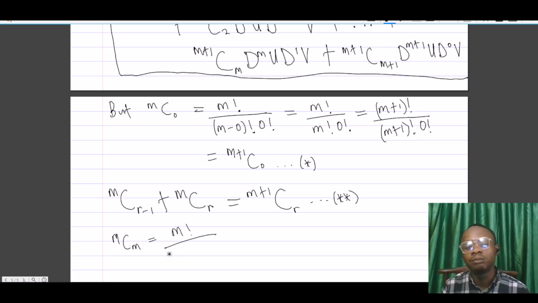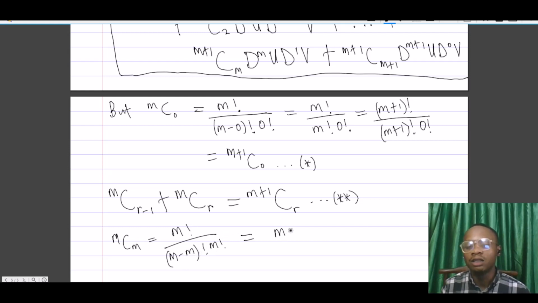that is m factorial over m minus m factorial multiplied by m factorial, and that's basically the same thing as m plus 1 factorial, because m factorial is going to cancel m factorial. This m minus m is 0 factorial, so basically this is 1 over 1, which is 1.